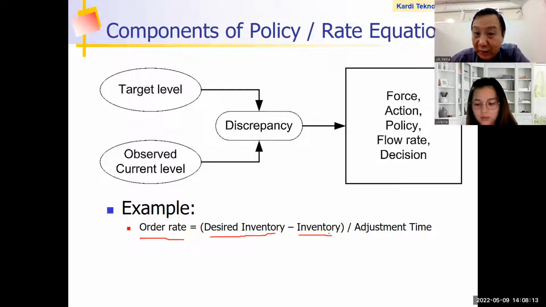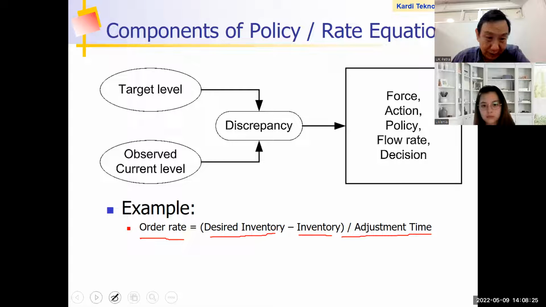This is the level. And then divide by the adjustment time. This is just a constant adjustment factor. So with this system component of policy, you already know how to create an equation.